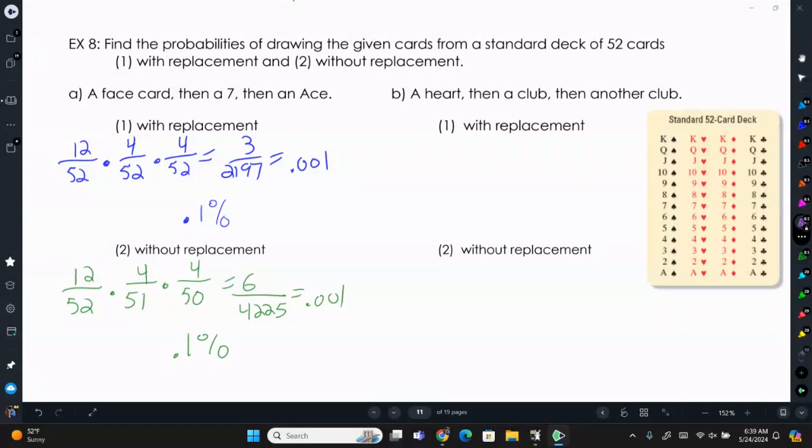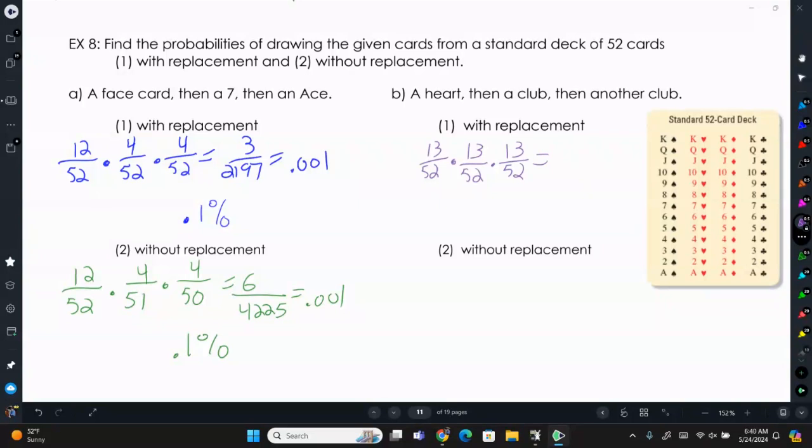So then letter B, probability of pulling a heart. So there are 13 hearts out of 52 times a club. There are 13 clubs out of 52. And then another club, 13 out of 52. Because again, we're replacing them. We're putting the cards back into the deck. So that means the denominator is always going to be 52.